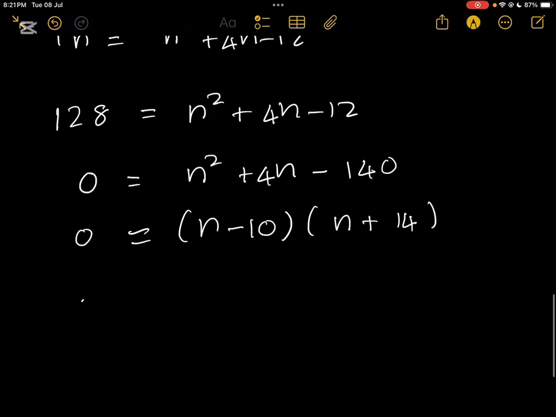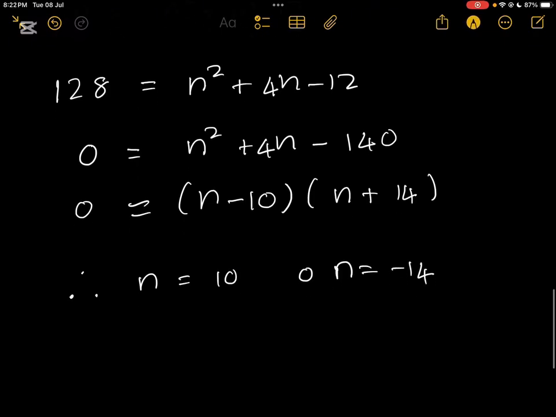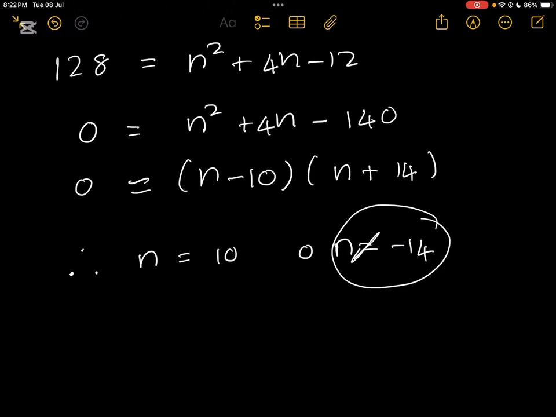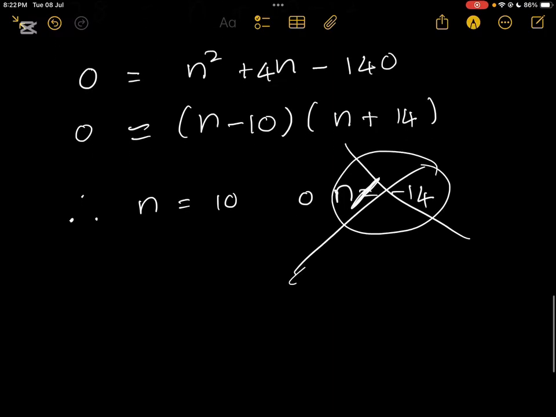Therefore, n is equal to 10 or n is equal to -14. -14 is not valid, does not apply. N can't be equal to a negative number, so we scratch that out. Therefore, n is equal to 10.